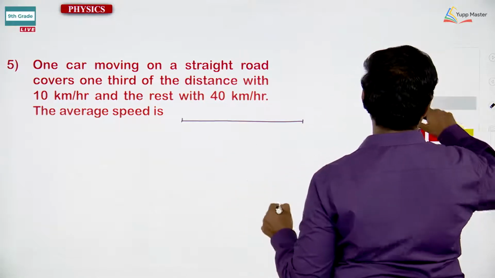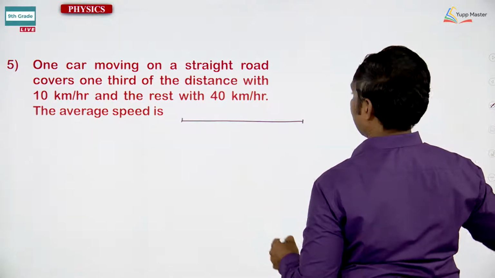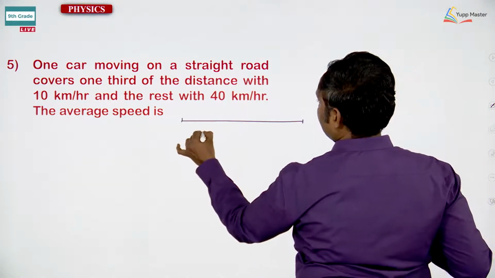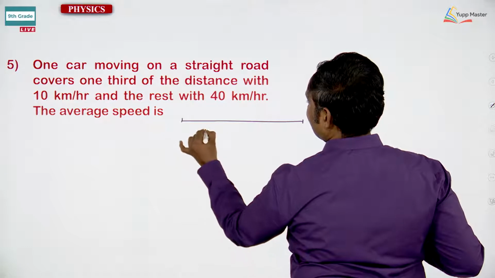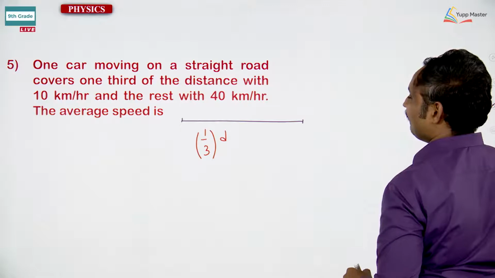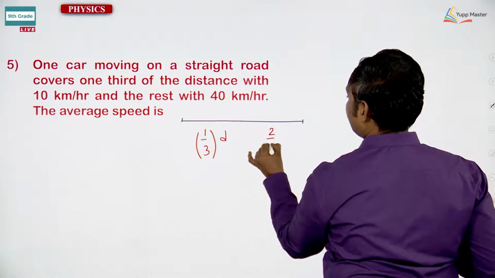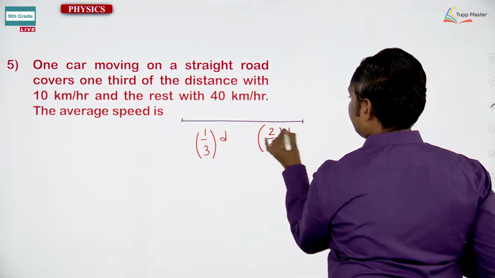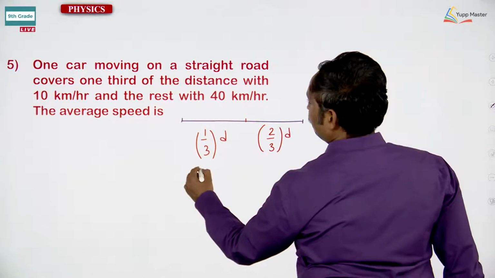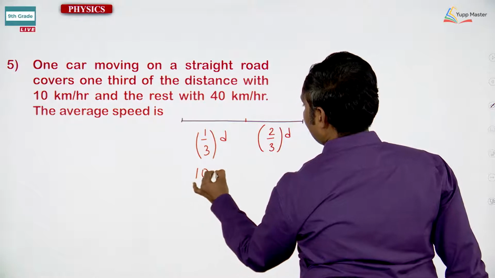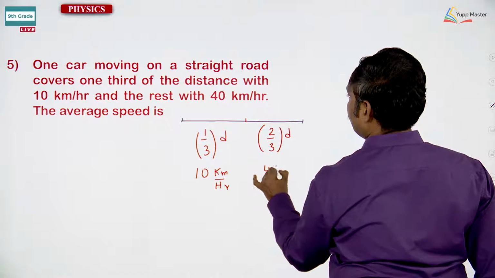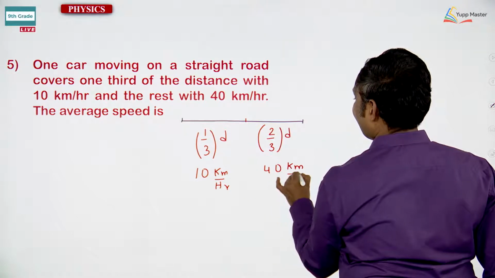Just you have to make it 2 by 3. That is, 1/3 of the distance, and you can get 2 by 3 of the distance. We are going to bifurcate. The speed for the first part is 10 kilometer per hour, and here 40 kilometer per hour.